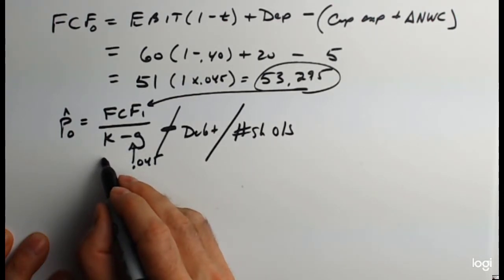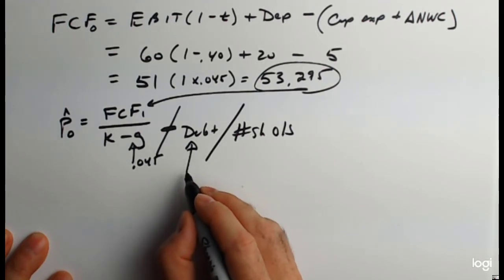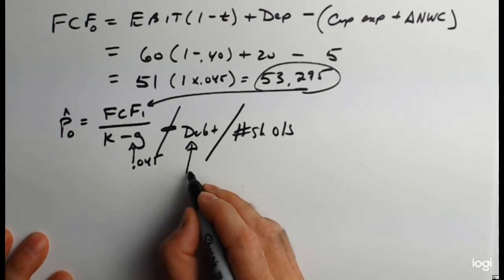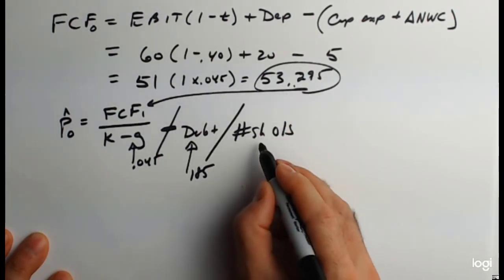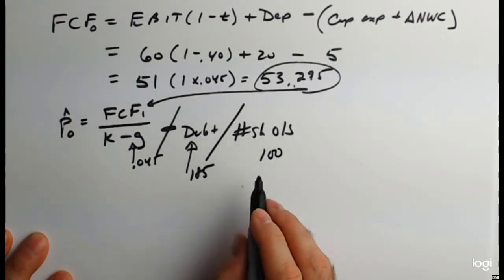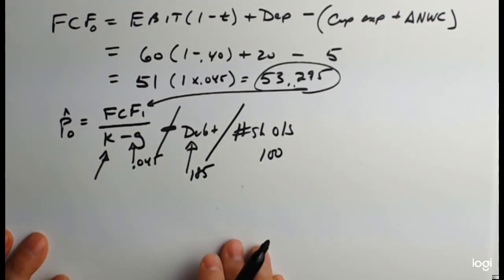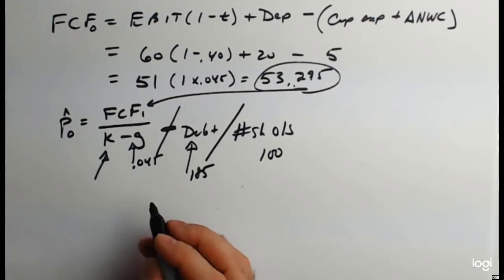Now what we need, we have this debt. This debt is given to us to be 185 million. Okay, and this is in millions. And then shares outstanding are in millions, and that's 100. So what we're missing is K. Well, we'll figure out K.